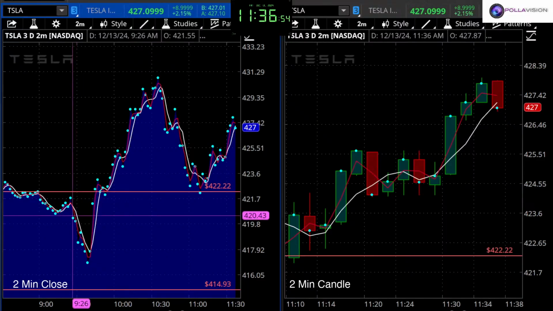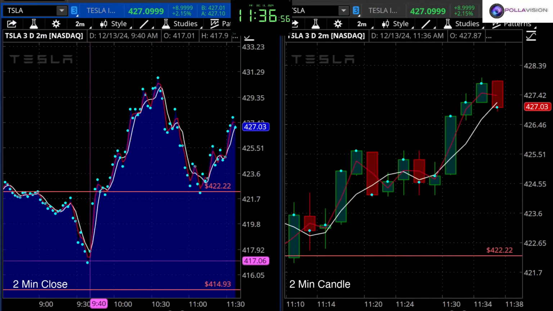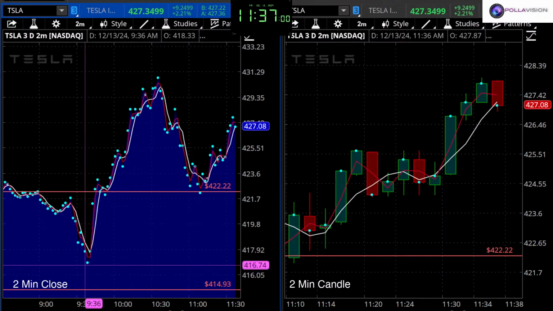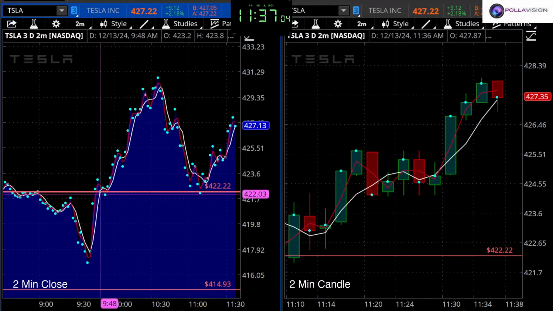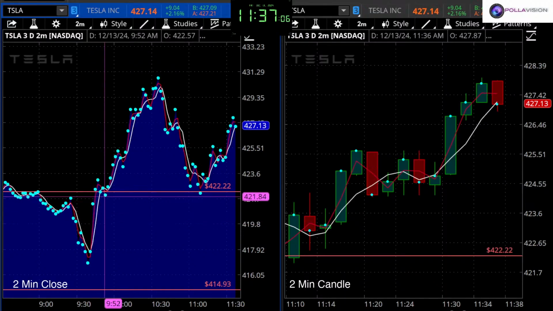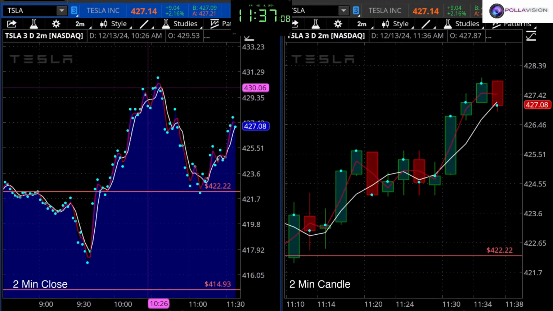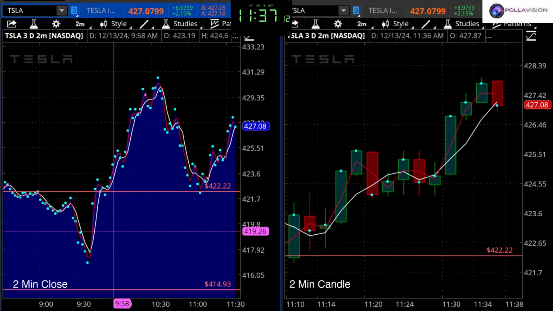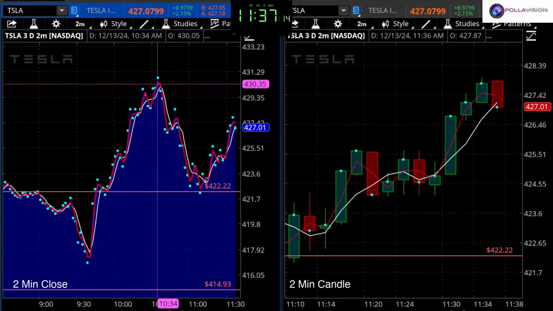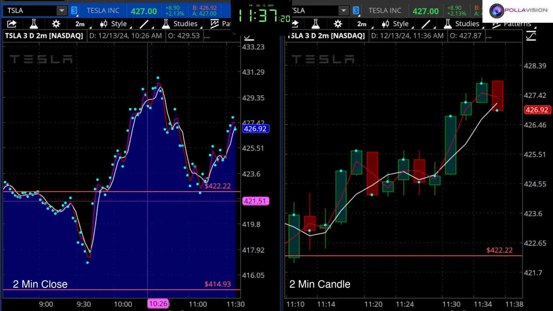They were trading based on the fact that the price went up, we had a new high, it's got to go down, so I'm going to short it. And then what happened? Boom, they got caught and they had to buy. Otherwise, they're risking losing. 416. It went up to 430. That was, what, $15? That would have been a hell of a loss.